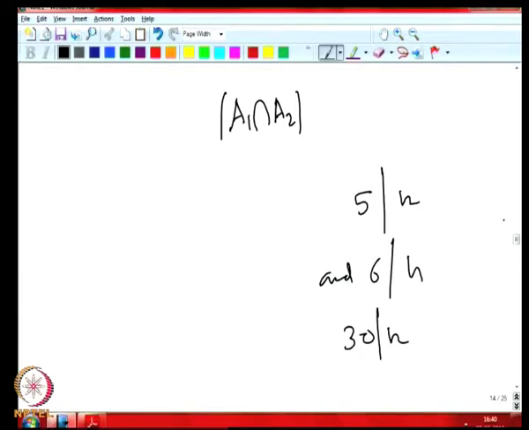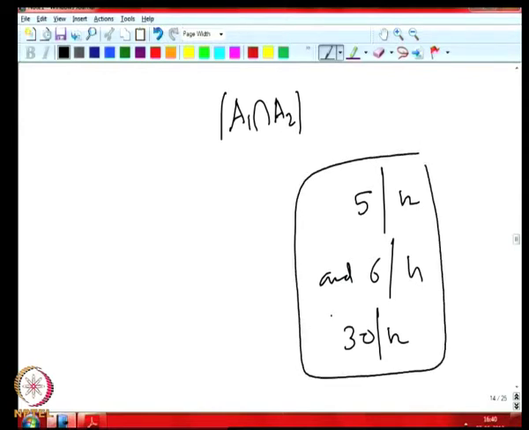So, it is essentially equivalent to counting the numbers which are divisible by 30 between 1 and n, and that is easy to see. This is 33, you have to take the floor.